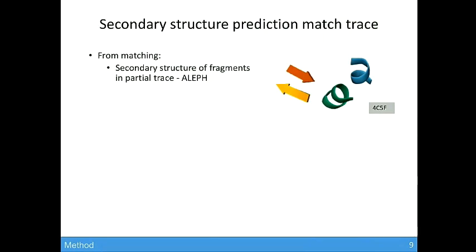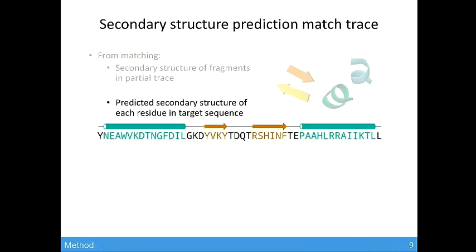In this case, we used the software Aleph that Massimo talked about. We assigned the secondary structure on the trace fragments. It's always more difficult to assign secondary structure to a partial trace. Aleph does that.